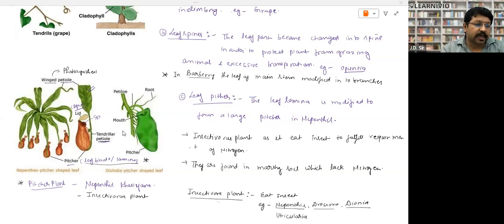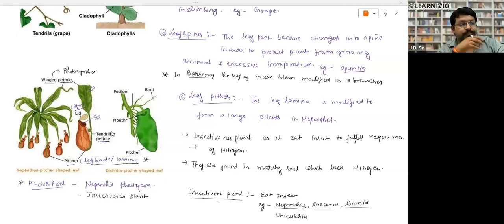This part is the petiole. This is a winged petiole, and this is a tendrilar petiole. The pitcher is basically a modification of the leaf blade or lamina.